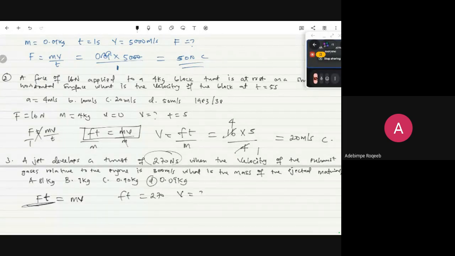The velocity is 300 meters per second. You have to find the mass, so divided by m. So m is equal to 270 over 300, that's 0.9 kilogram. Option C.